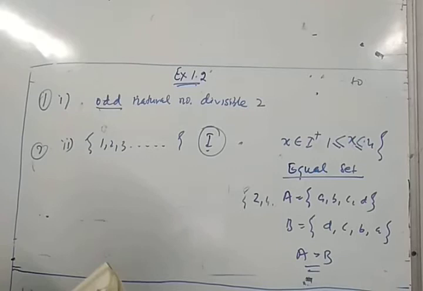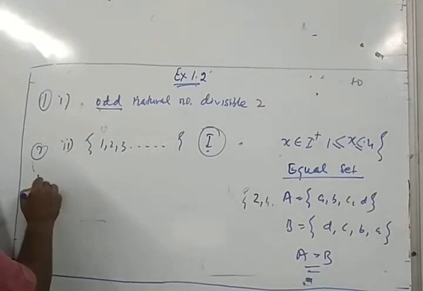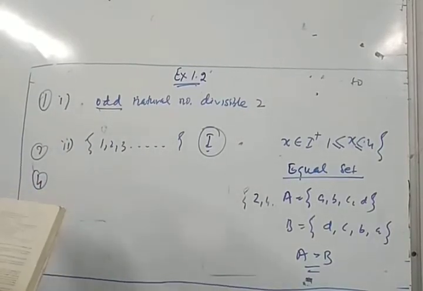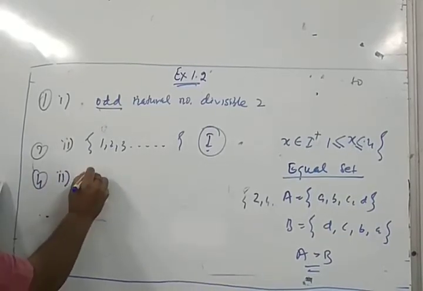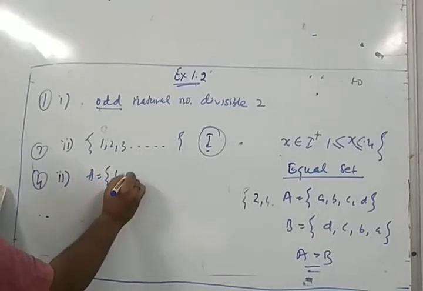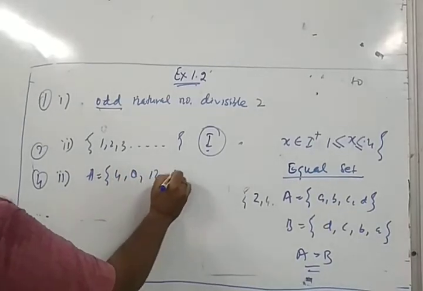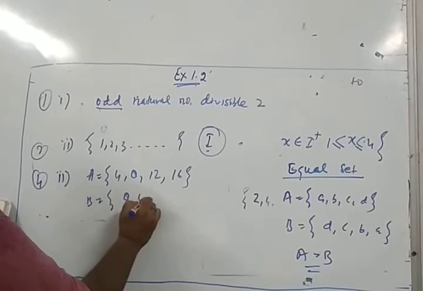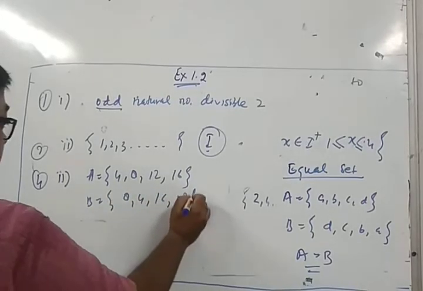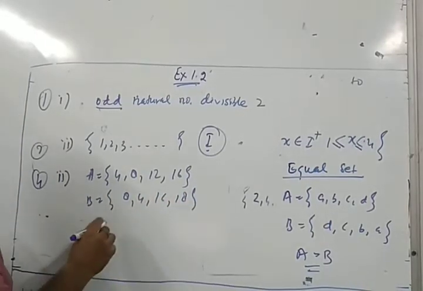Now question number 4, you have to say whether the sets are equal or not. Second part: A has elements 4, 8, 12, 16, and B is another set having elements 8, 4, 16 and 18. We have to write whether it is equal or not.